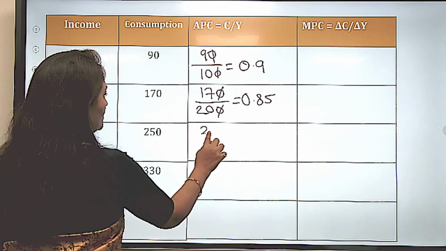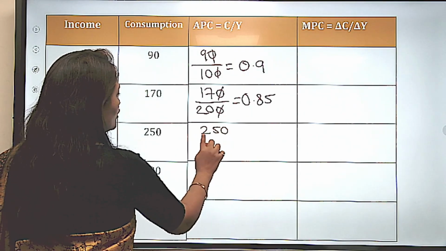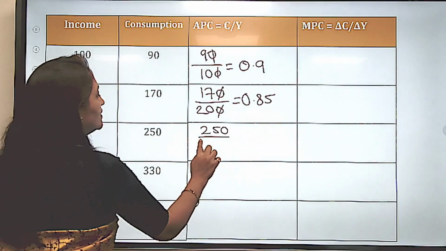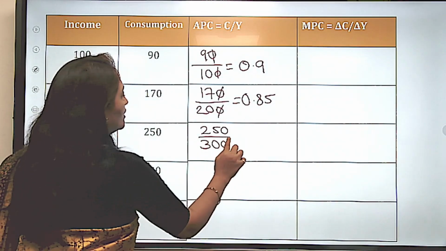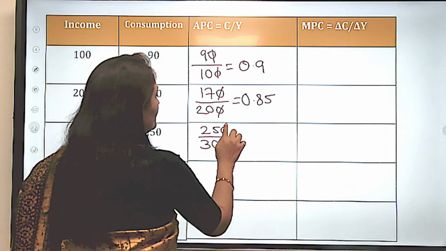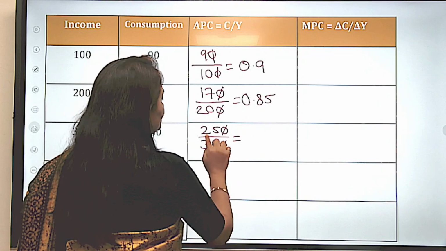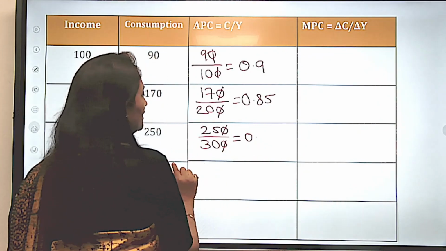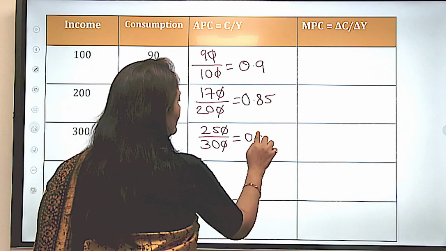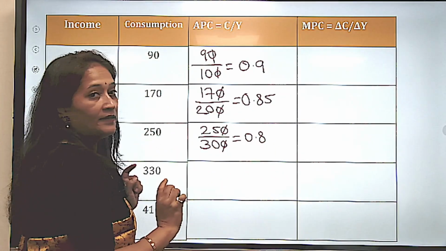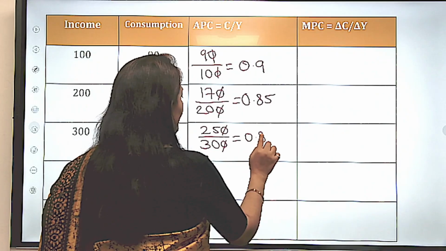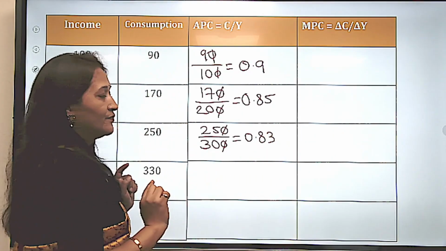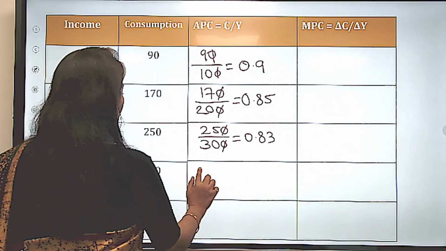For the third cell, 250 is our total consumption, 300 is our income. So C upon Y, we get the answer 0.83.